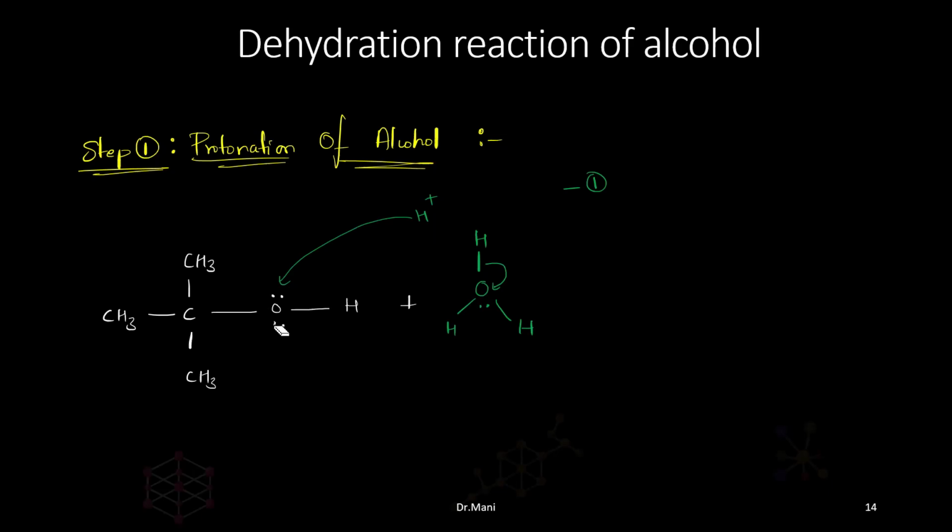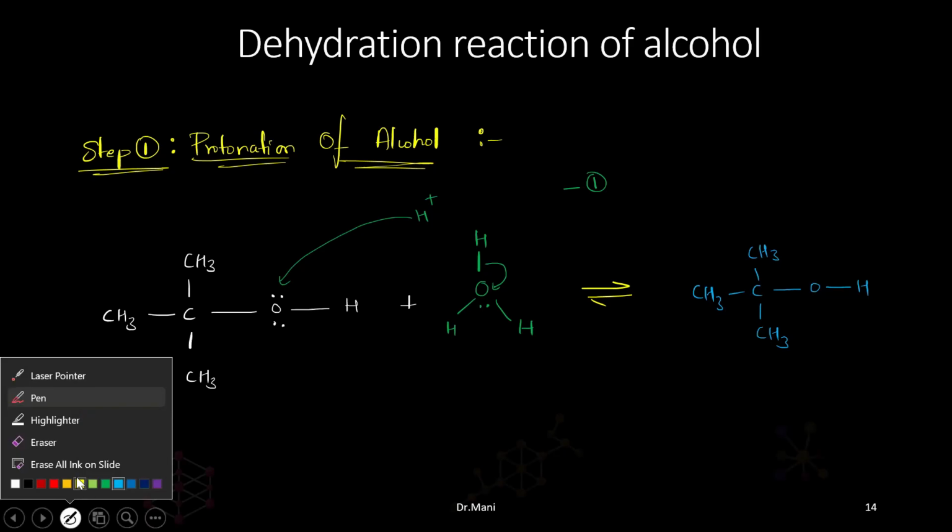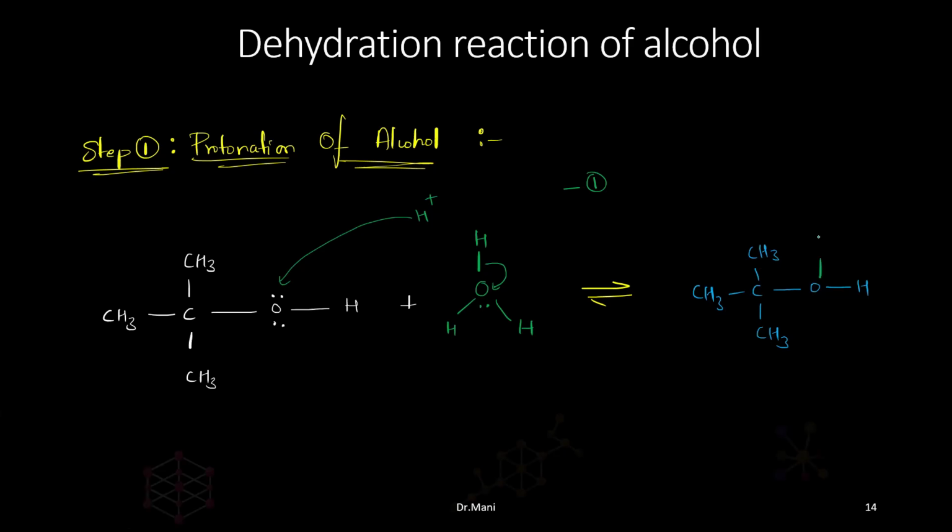That results in CH3, C, CH3, and that hydrogen will come and bind here. As two extra hydrogens are attached and the oxygen has three bonds, it will carry a positive charge. So that's what is called the protonation of alcohol.